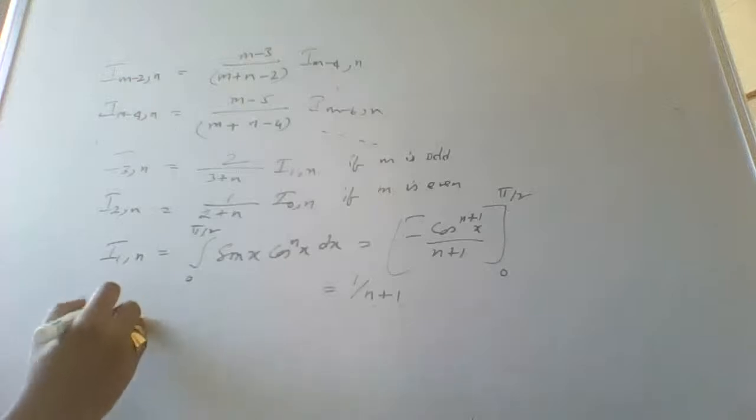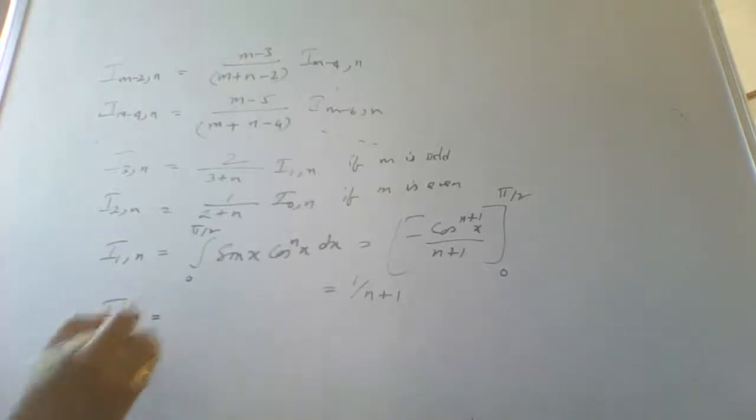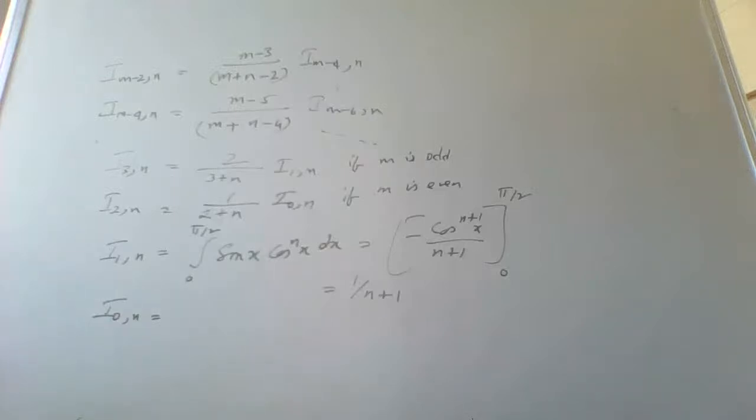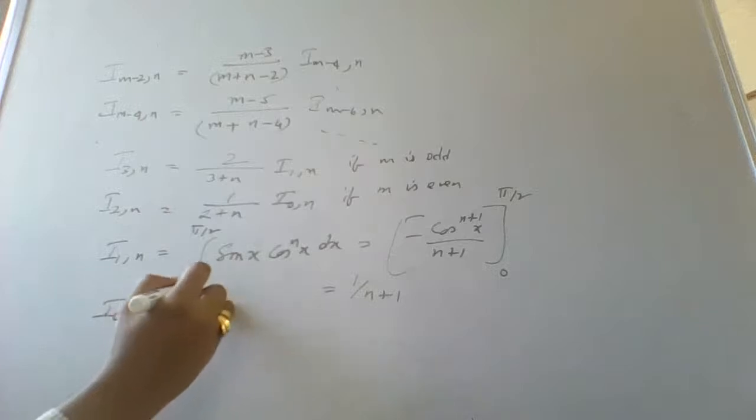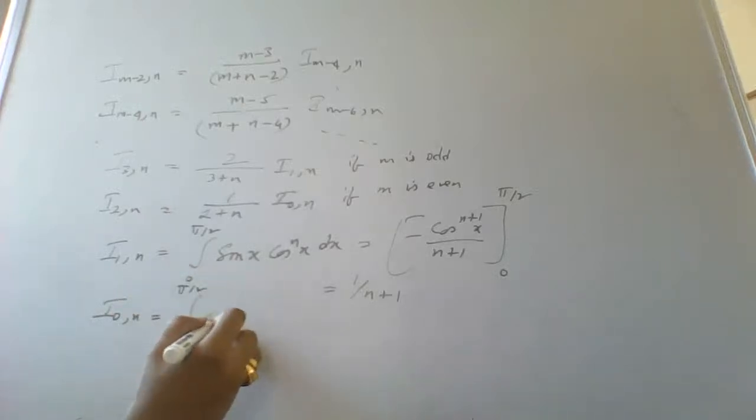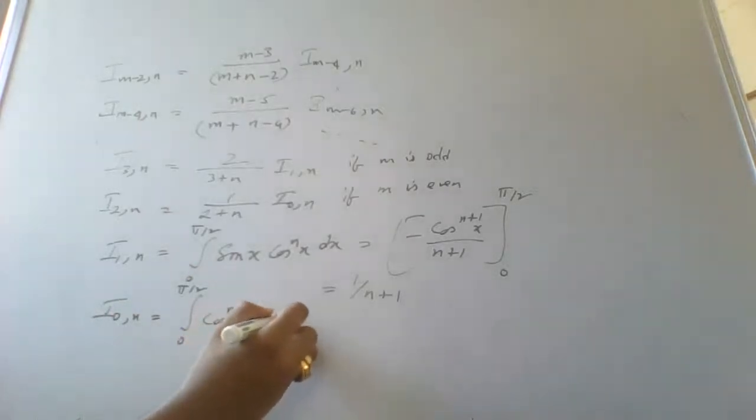Likewise, let us find I0 comma n. That would be the integral from 0 to pi by 2 of cos to the power of n x dx.